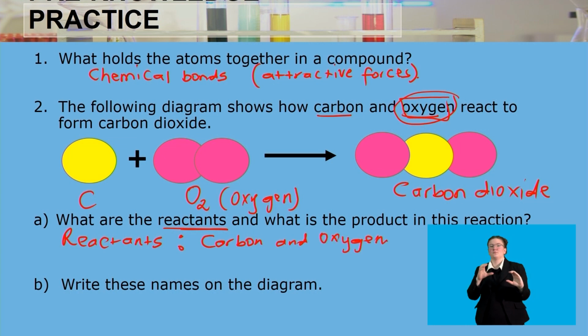So those are our reactants. And then the product, we only have one product in this reaction. And the product here is going to be the carbon dioxide.